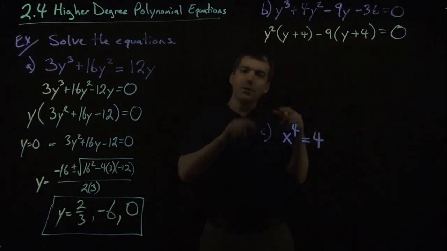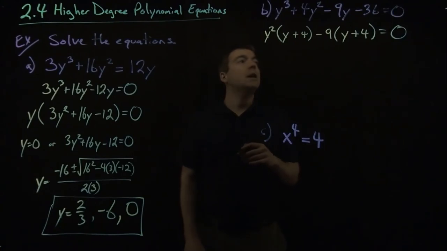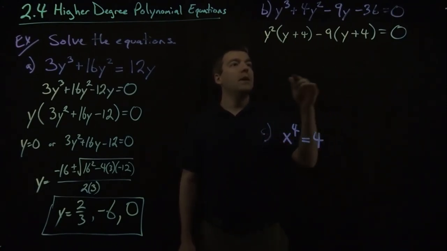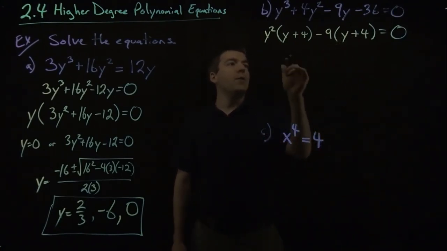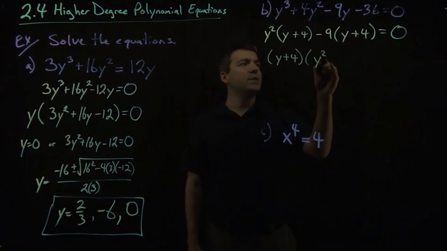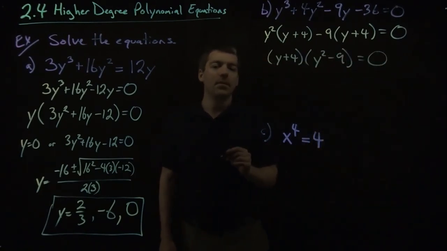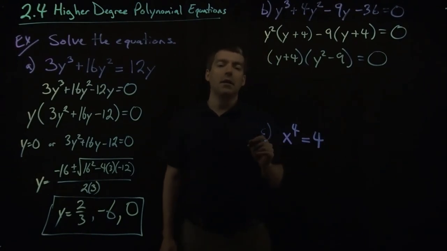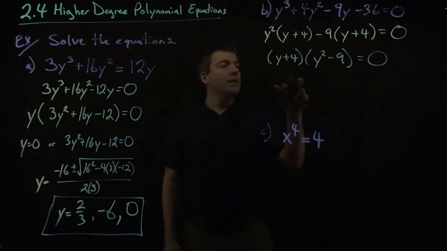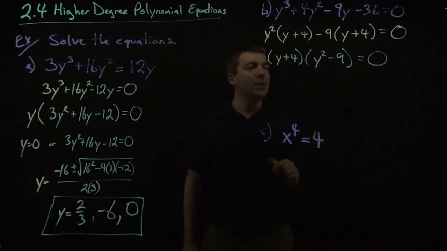So we can factor those out, and we'll be left with a factorization for this polynomial. We factor out the y plus 4, so we've got y plus 4 times y squared minus 9.